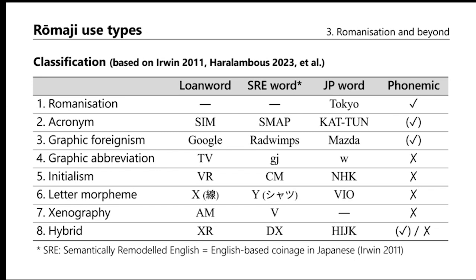And because this study identified different types of abbreviations, I consulted Yannis Haralambous' study of abbreviations in Western writing systems, Latin script writing systems. And as I proceeded, it became clear that Rōmaji usage was more than romanization and abbreviation. So I looked at some other related studies.